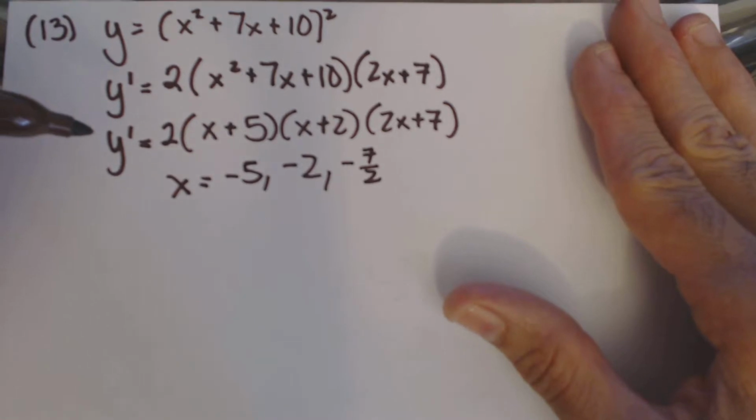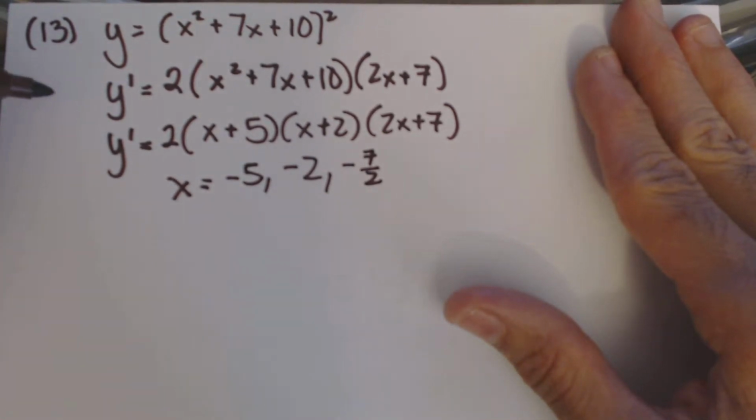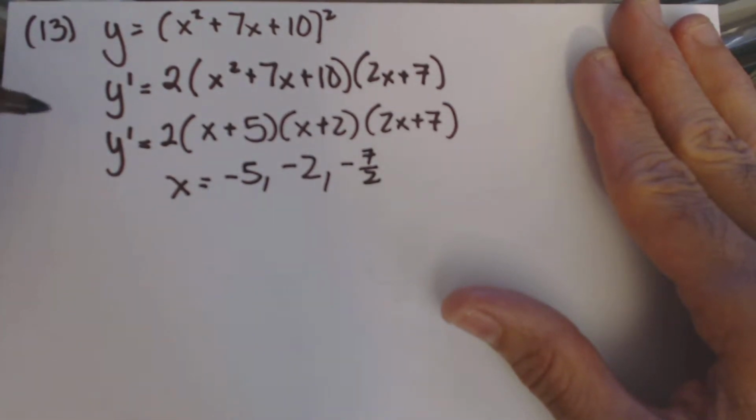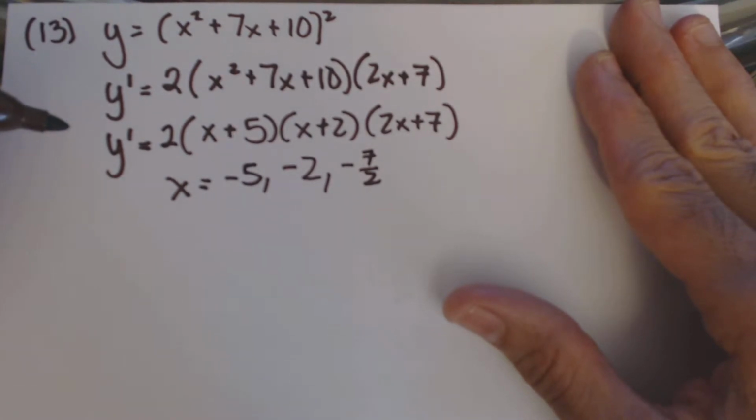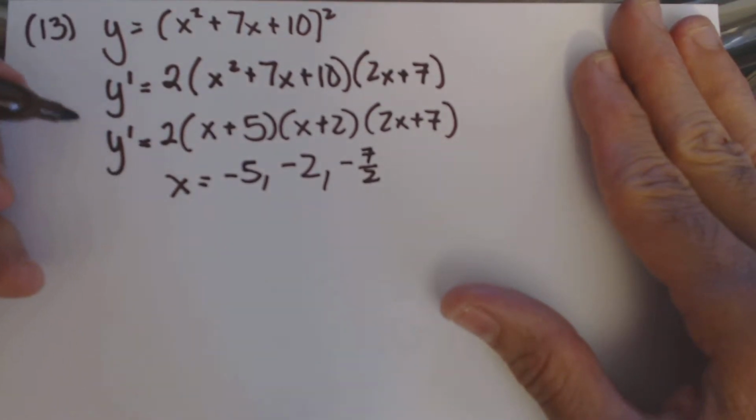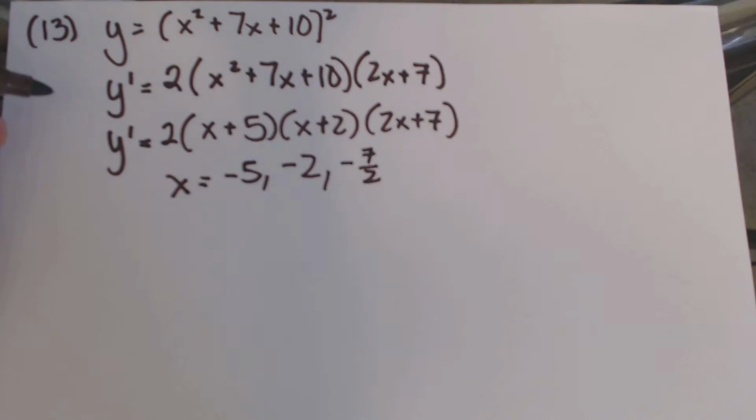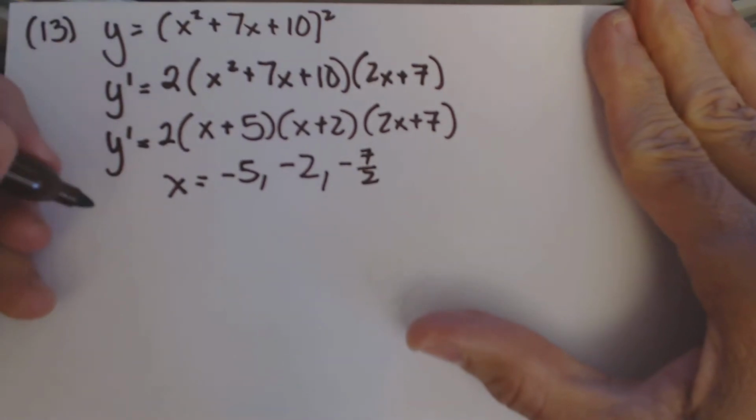Alright, in order to identify if these are maximums, minimums, or not, let's evaluate the second derivative. So we need to take the second derivative. I'm going to use the product rule here.